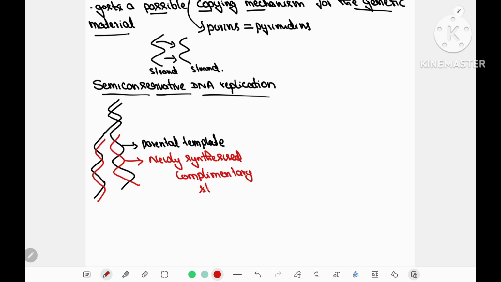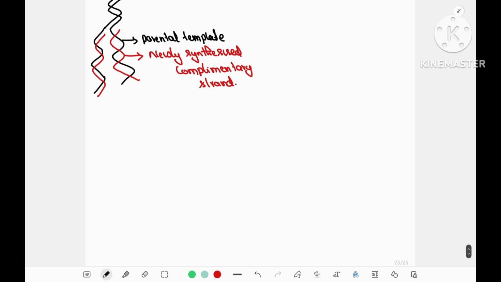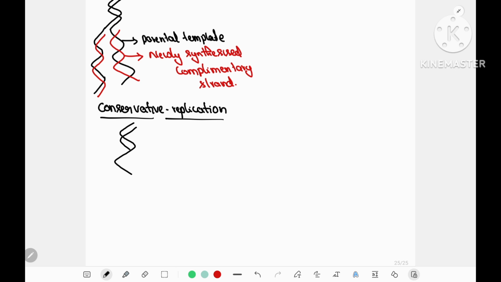Always remember, the newly synthesized strand is complementary to the parental strand. So when two DNA molecules are synthesized, each contains one purely parental strand and another newly synthesized strand. That is called semi-conservative DNA replication.